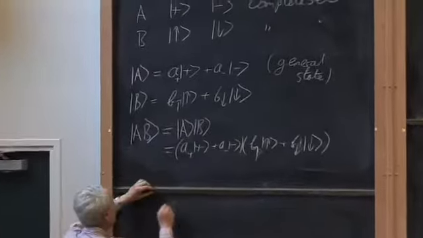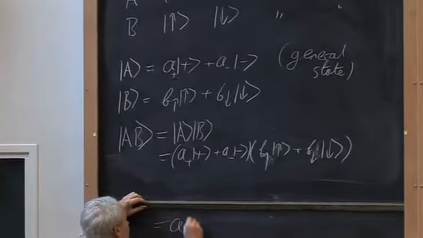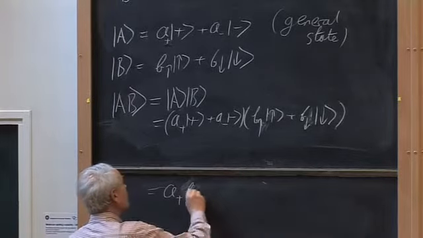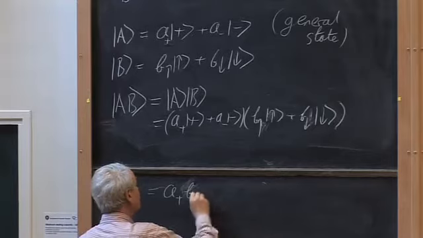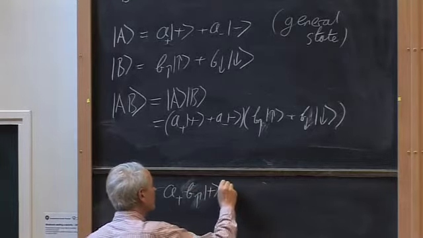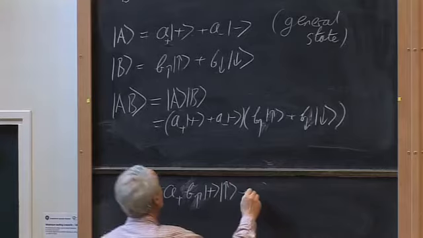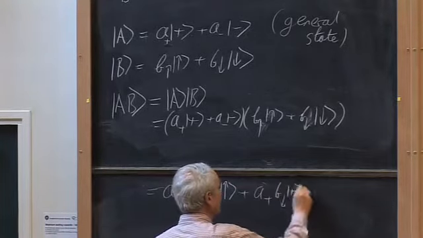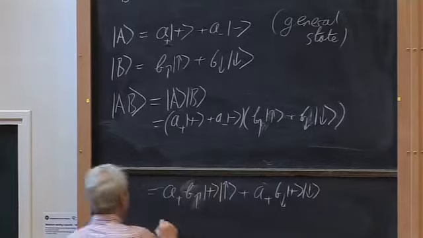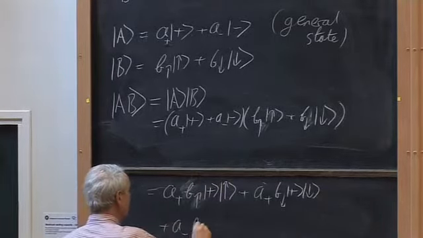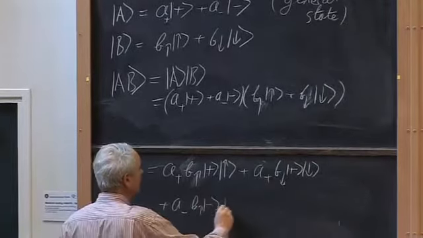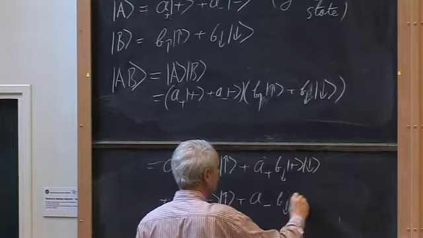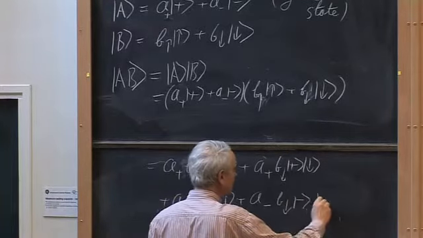Because you get A plus B up of plus and up, plus A plus B down of plus and down, plus A minus B up of minus and up, plus A minus B down of minus and down.